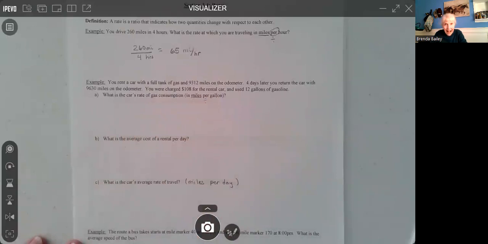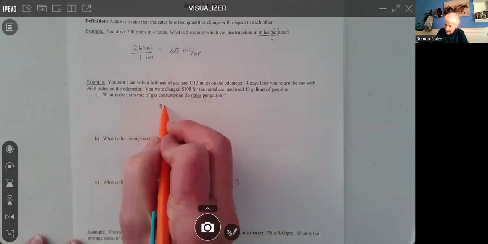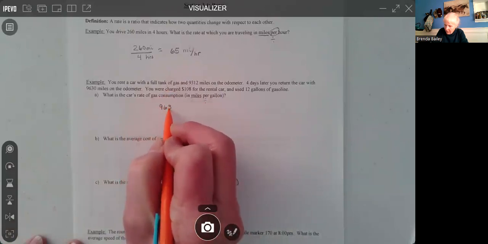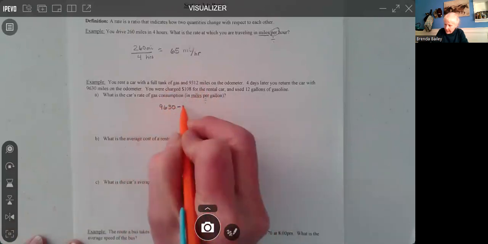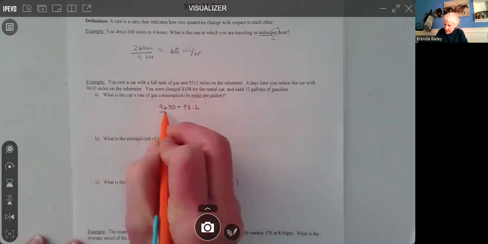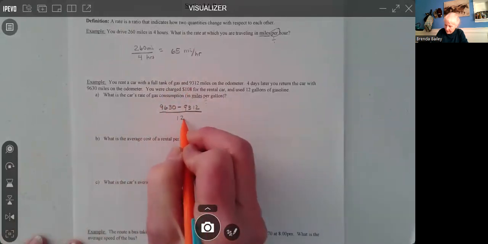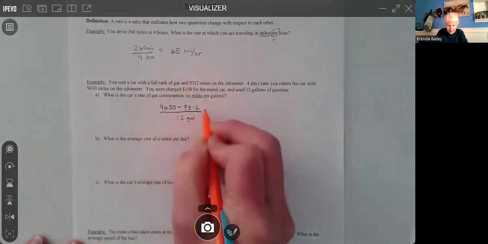Well, the number of miles driven, you would have to take 9,630, subtract 9,312. That's going to be the numerator. That's the miles divided by the number of gallons, and you used 12 gallons. These are miles.